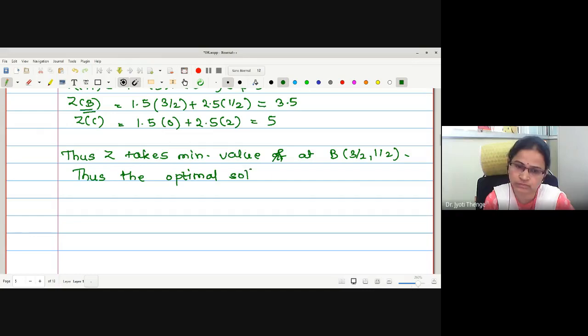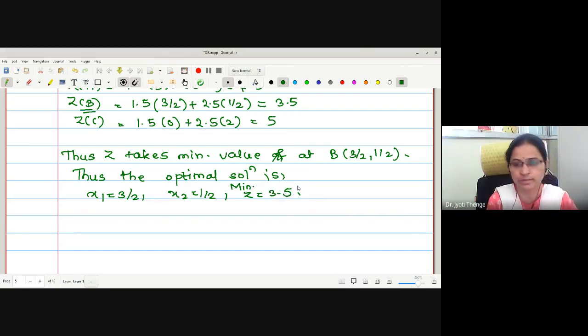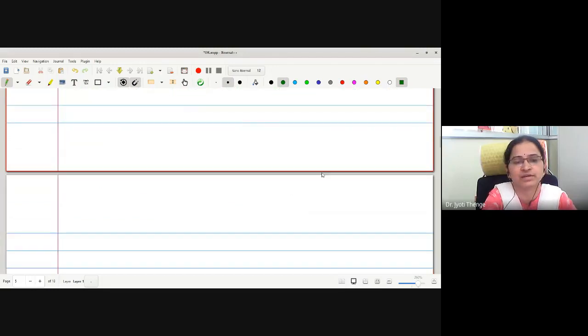What is the optimal solution? x1 is 3 by 2, x2 is 1 by 2, and minimum z is 3.5. So simple, na? Solving by the graphical method. Any doubt with this example? If not, I will take one more example.